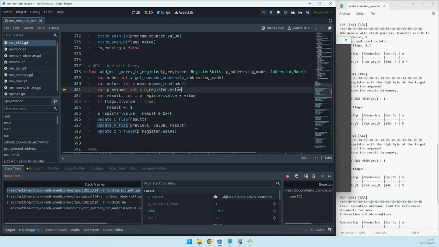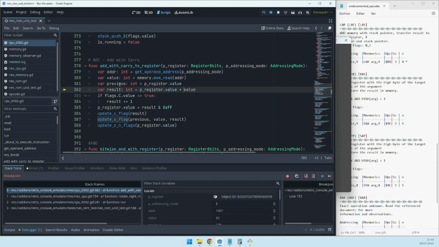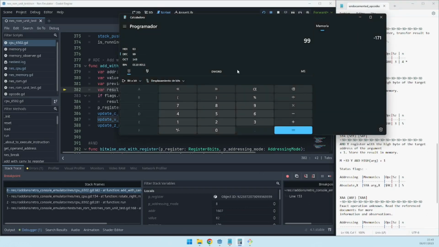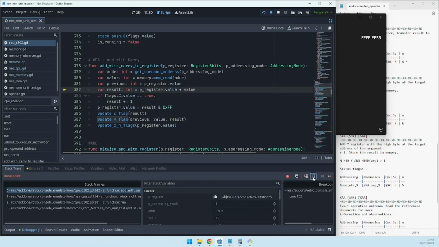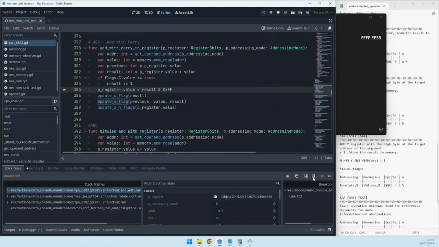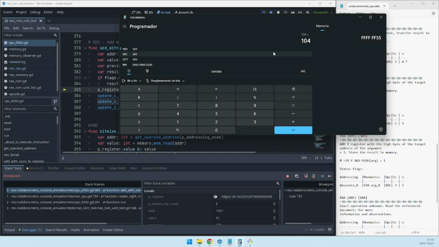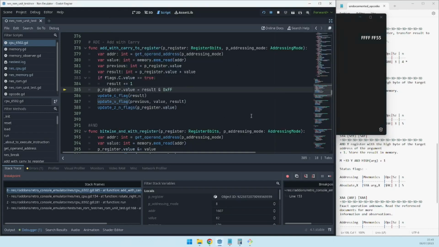Yes. To value, and we are doing 178 plus 82. Decimal 178 plus 82, and that is 264, which is an overflow. Oh, and it's even one more because of the carry. That's 105. So the value stored is 05.